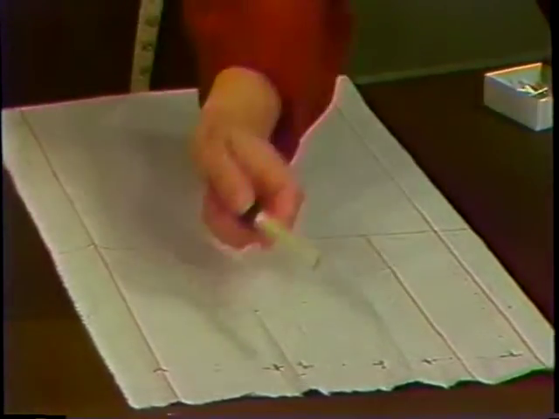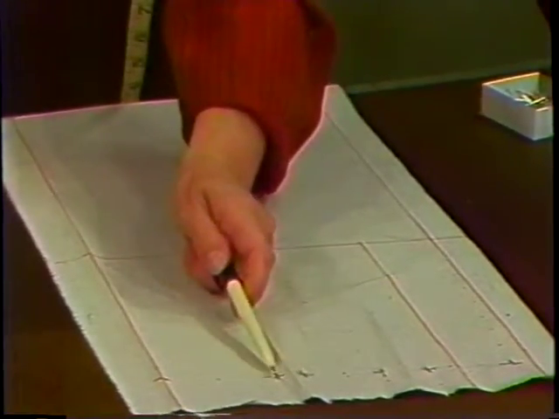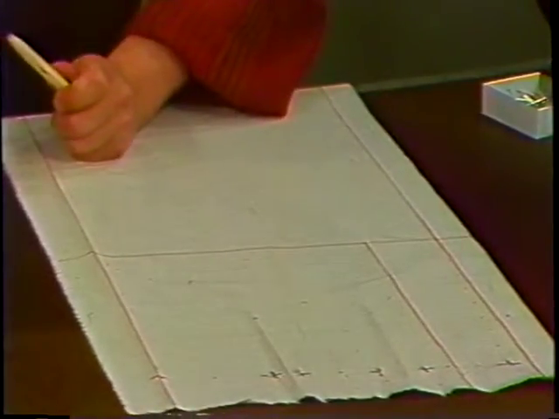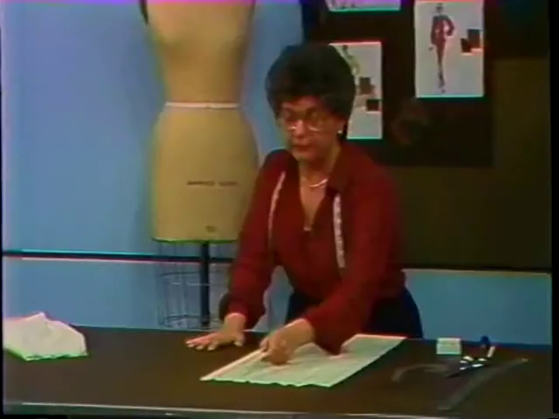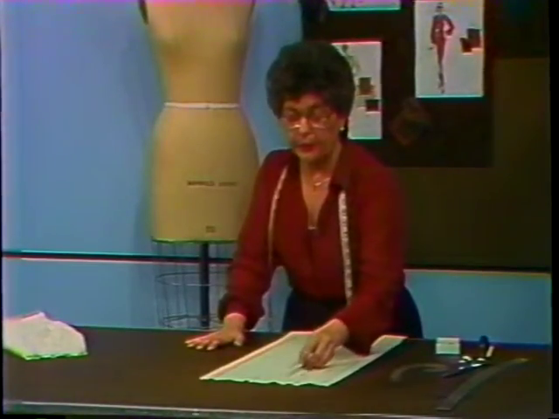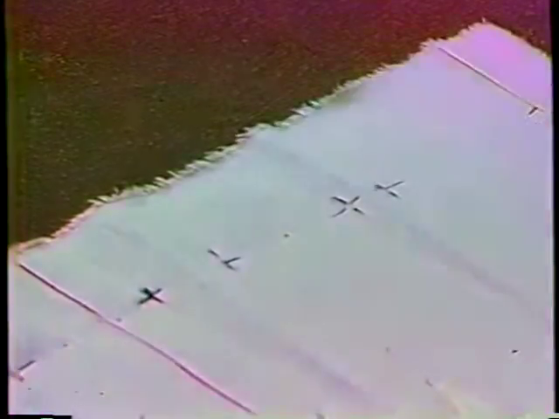Notice, again, the pickup of the first dart is quite a bit smaller than the pickup of the second. We want to find the center of each dart at the waistline level so that we may draw a lengthwise grain down to meet the vanishing point and develop a symmetrical dart.